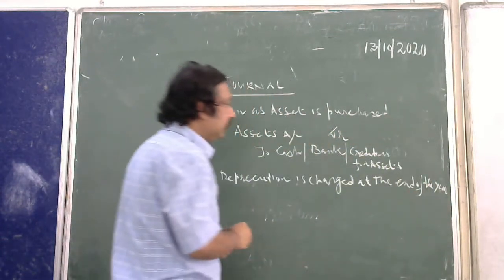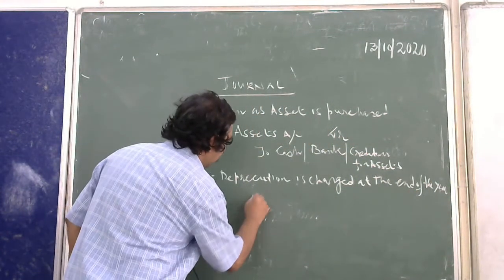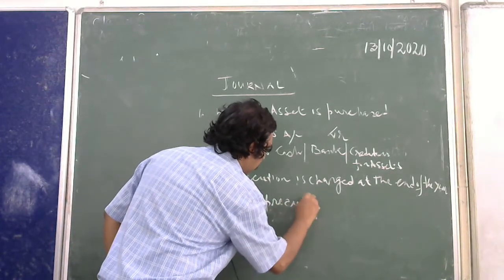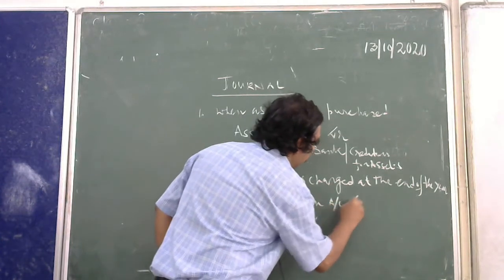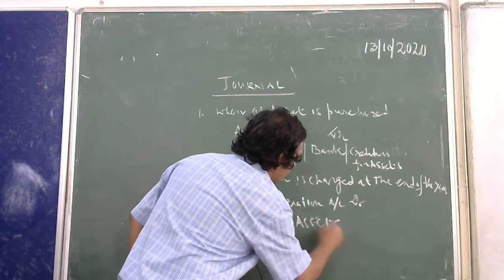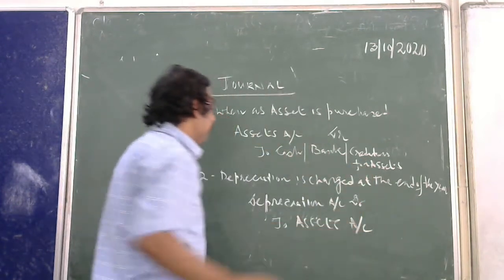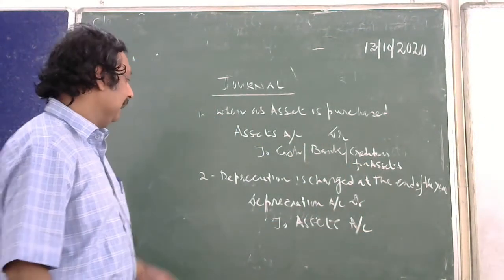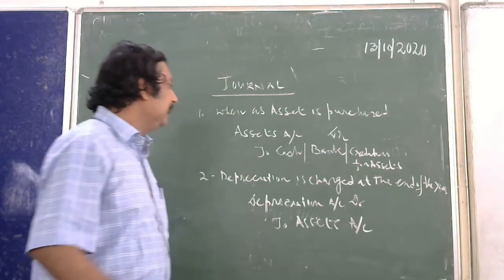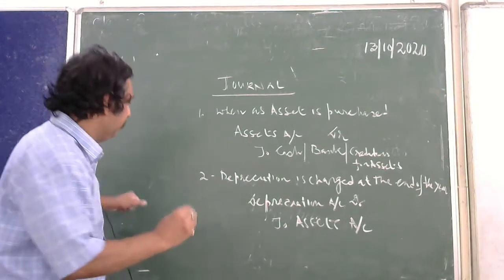When depreciation is charged at the end of the year, the journal entry will be depreciation account debit to assets account. That is the second journal entry.